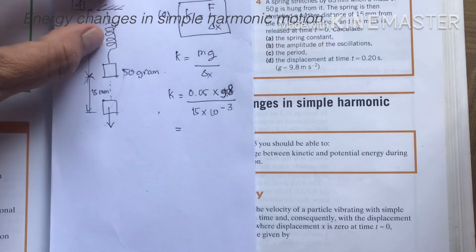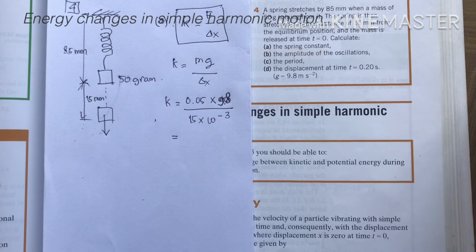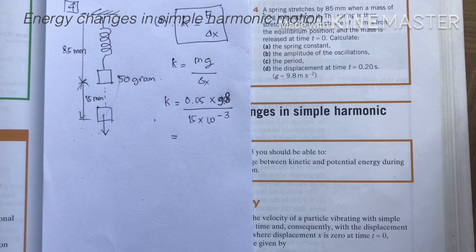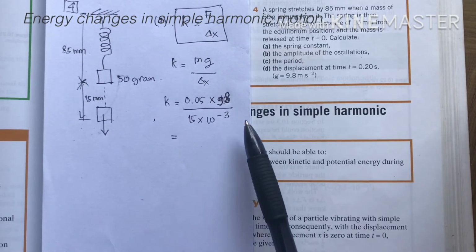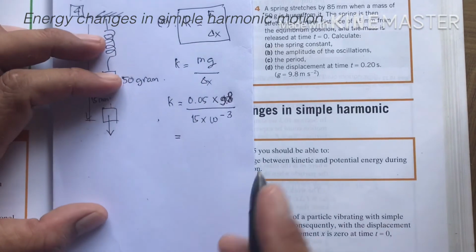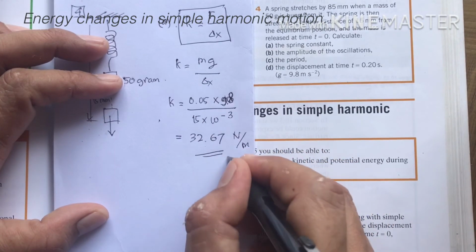I use the calculator first to calculate this number. 0.05 times 9.8, divided by 15, we have 0.032, but we have 10 power minus 3, so times 1000, which gives 32.67 in Newton per meter.